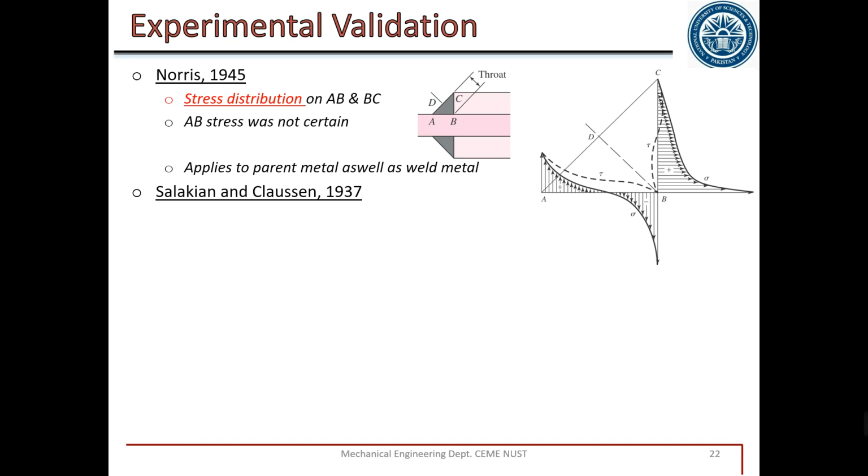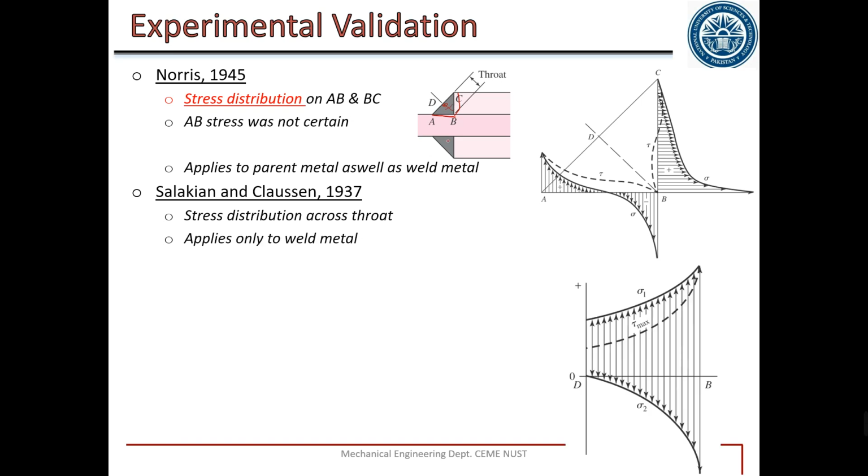Norris in 1945 calculated the distribution of stresses between A to B and B to C on the boundary. These equations are valid for weld plus base metal, both the black material and the pink material as well. But it did not study the stress distribution within the bead from D to B, or within the black region.